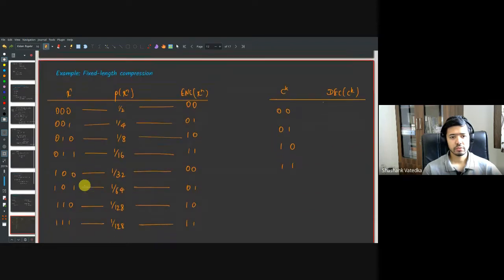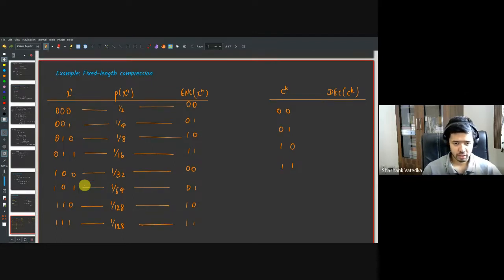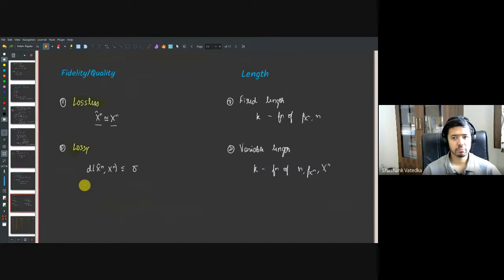Right now we'll see a couple of examples, one for fixed length compression and the other for variable length compression, and it's good to keep these examples in mind. Later on we'll spend a lot of time on lossless variable length compression. We'll see what the fundamental limits are, how we construct good compressors, how we implement them, and so on.